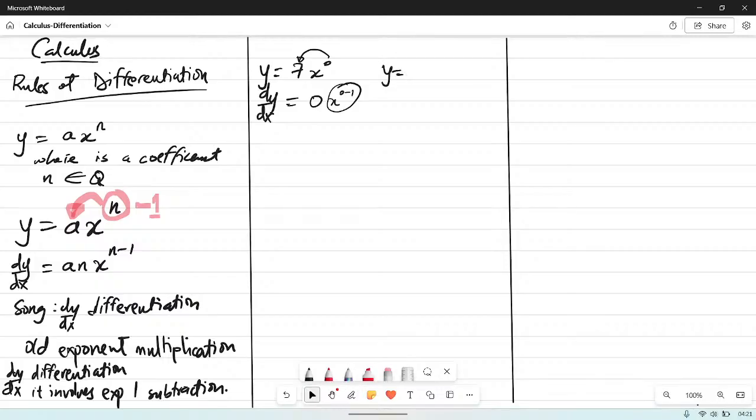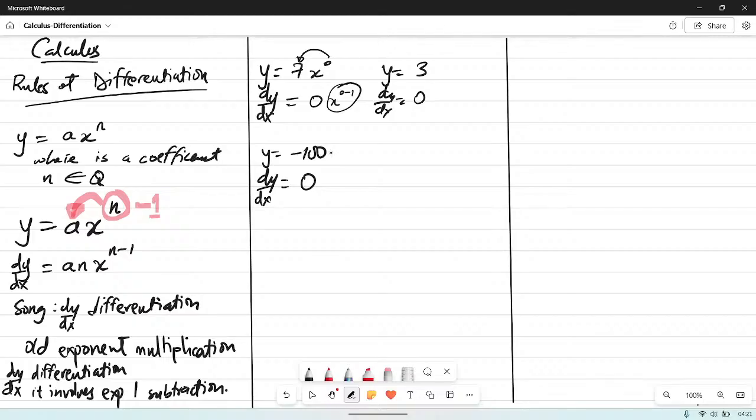So differentiate a constant. When you have y equals 3, dy/dx will be what? 0. If you have y equals negative 100, dy/dx will be what? 0. So far as there's no x element here.